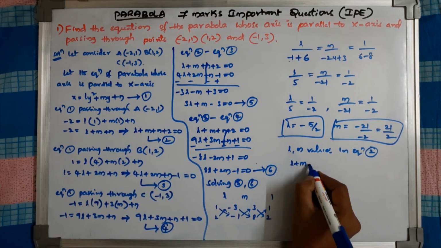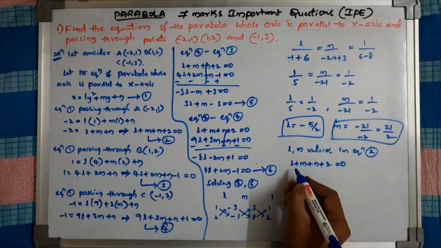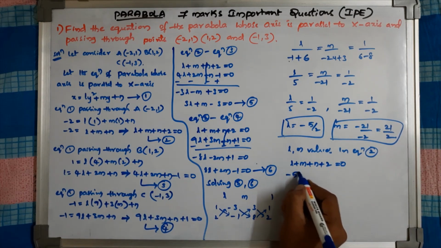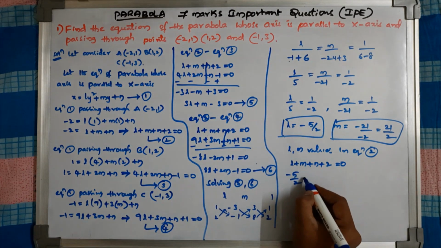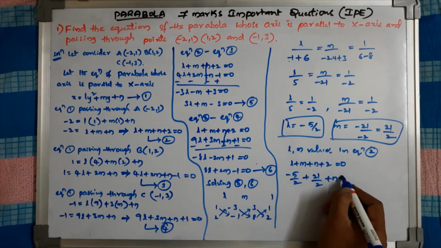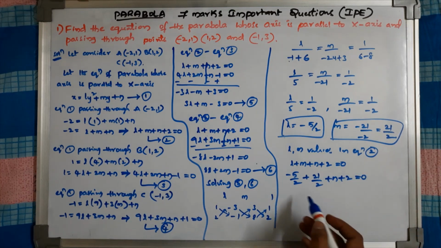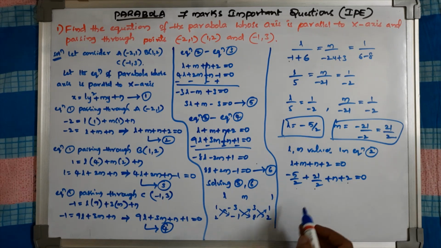L plus m plus n plus 2 is equal to 0. So the value of L is minus 5 by 2 plus 21 by 2 plus n plus 2 is equal to 0. For these terms, I am taking 2 as LCM.